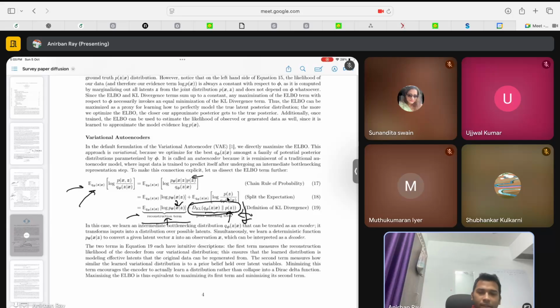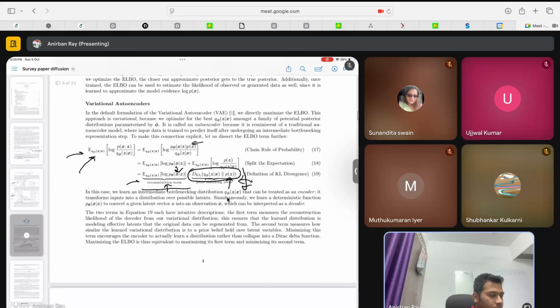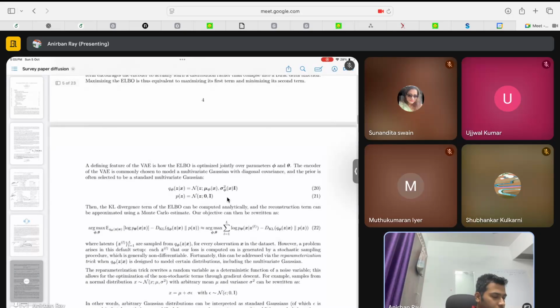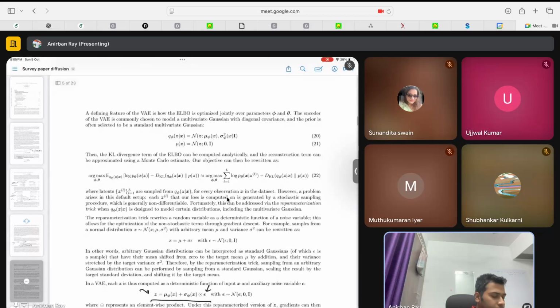So q_phi(z|x) is the encoder. We're trying to learn the encoder, and p_theta(x|z) is the decoder. p(z) is the prior distribution. These things you can see in the paper.